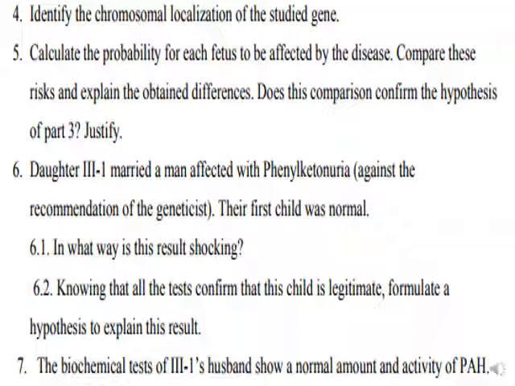Also, if the allele of the disease is located on the non-homologous part of X, every affected daughter should have an affected father. But according to the pedigree, daughter 3-1 is affected, should have X-P, so you have to give symbols first. So she must inherit the allele of disease X-P from the father and one allele from the mother who should be affected. But he is normal, so it's not the case.